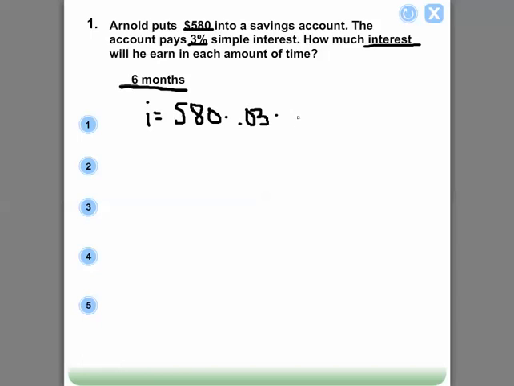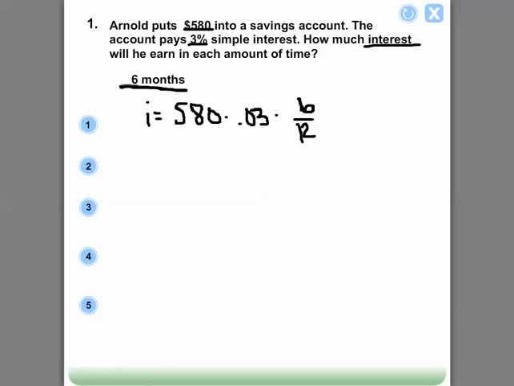So instead of writing 6 for time, we'll put 1/2 because it's half of a year. I reduced this 1/2 from 6/12, because 12 months equals 1 year and we have 6 of those months, so I have 6/12, but I can reduce it to 1/2. If it makes more sense to put 6/12, go for it. If you can make that distinction to 1/2, that's fine too.